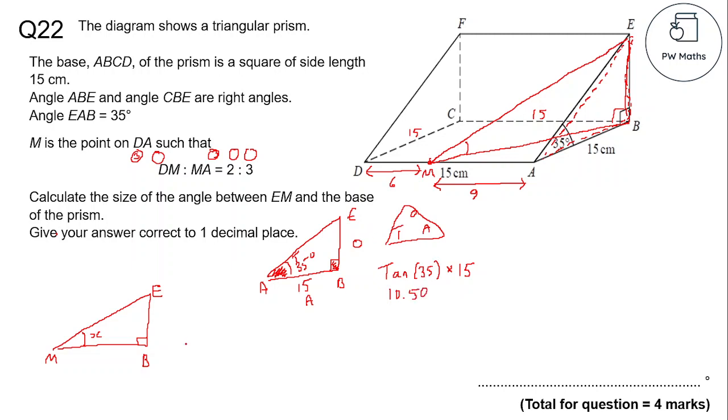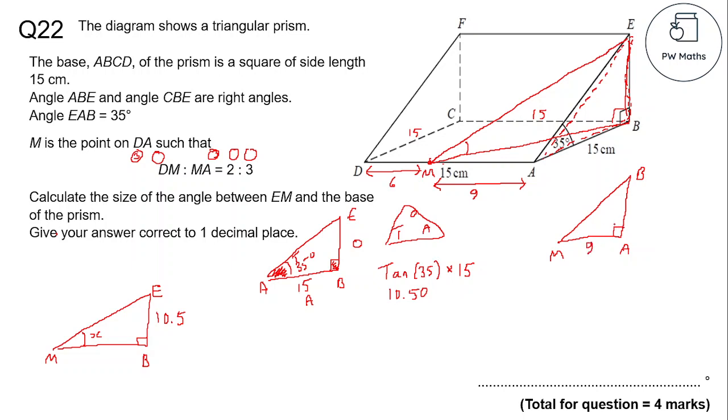It'd be nice to add that to our picture over here. We've just worked out EB, so we'll add that onto the picture, 10.5. I still don't have enough information to work out the angle. I think it'd be nice to work out MB. Is there a right-angled triangle involving M and B? Yes, M, B and A, the right angle being at A. I know MA is 9.